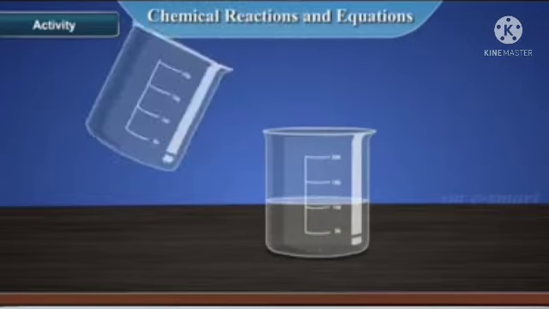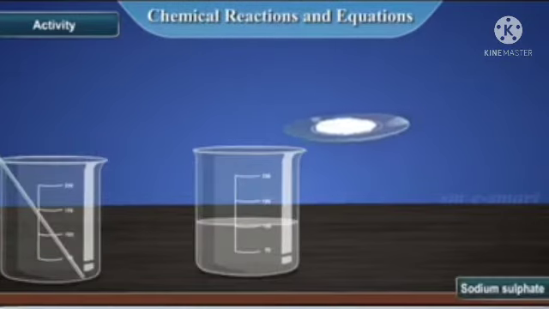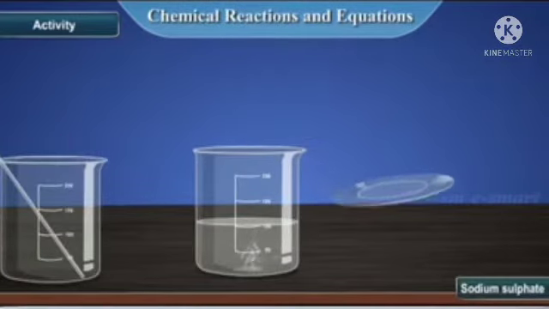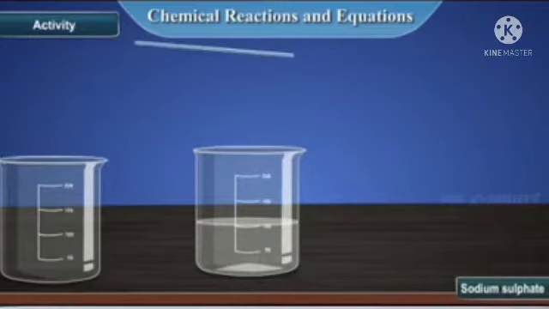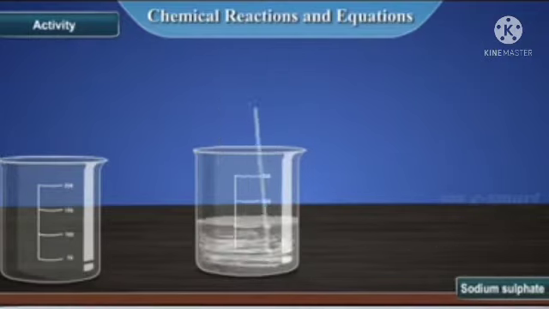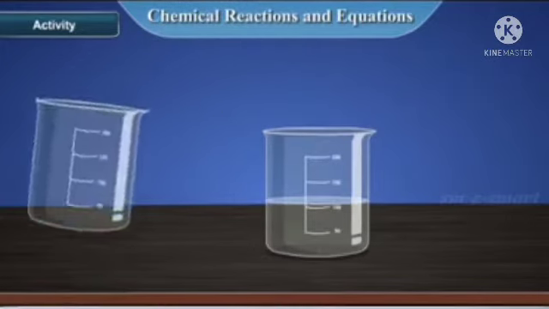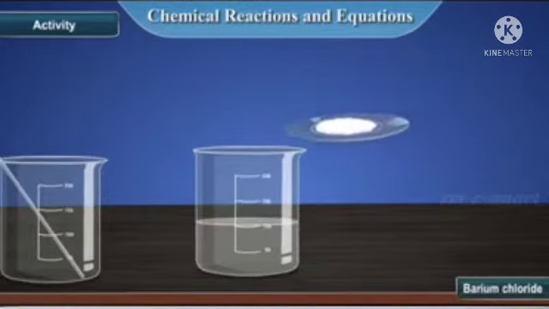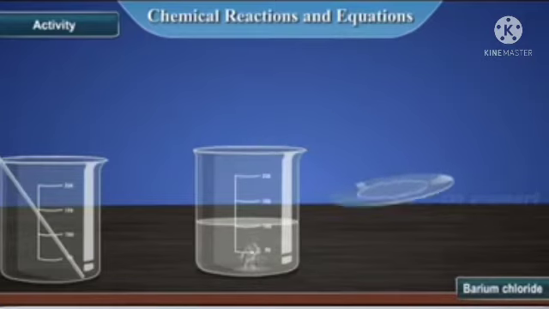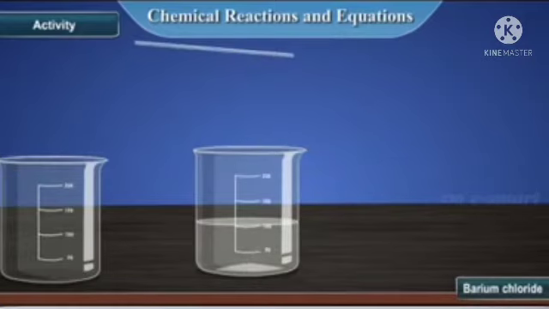Another activity: take about 100 ml of water in a beaker. Dissolve a small quantity of sodium sulfate in it. Take about 100 ml of water in another beaker. Dissolve a small quantity of barium chloride in it.